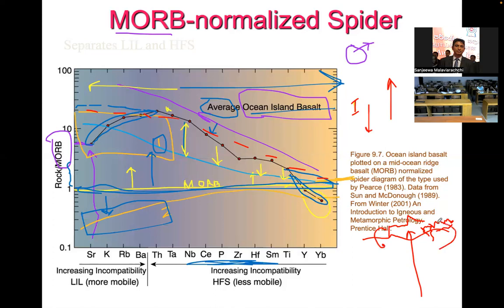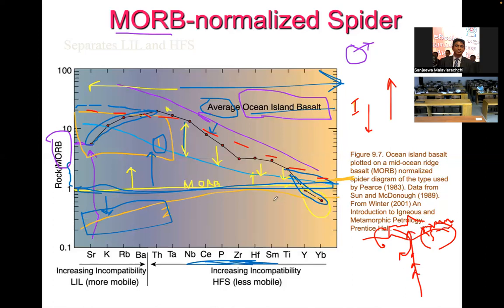So when these processes are taking place, the upcoming melts from the deep interior can interact with these shallow melting products, right?